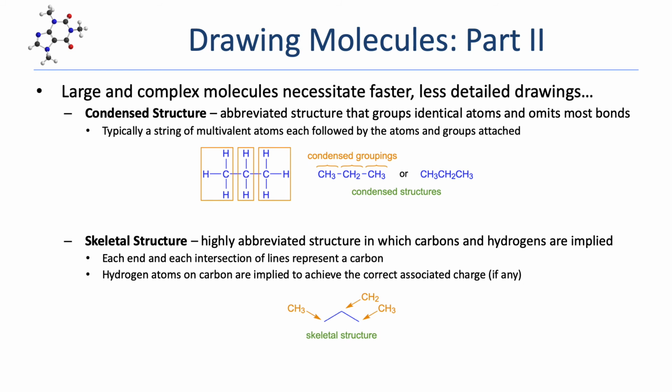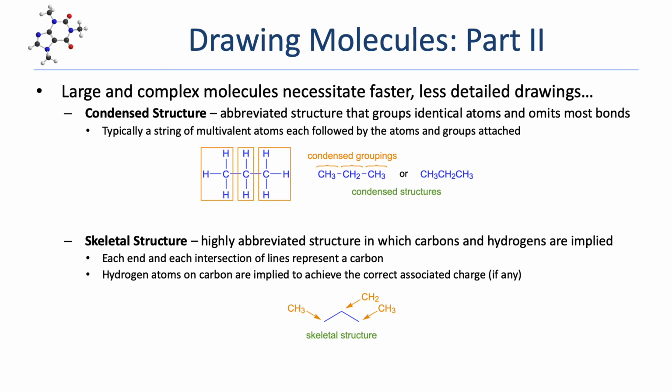A condensed structure is an abbreviated structure that groups together identical atoms and omits most of the drawn bonds. When looking at condensed structures, it's important to recognize the difference between multivalent atoms and monovalent atoms. Multivalent atoms are those that typically make more than one bond, atoms like carbon and nitrogen and oxygen, whereas monovalent atoms are those that typically make one bond, usually hydrogens, but a lot of halogens.